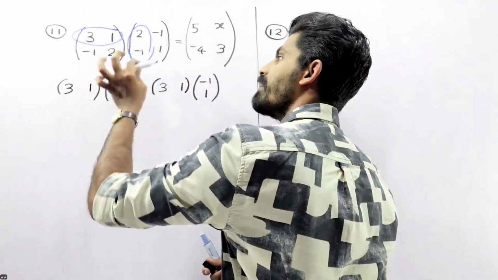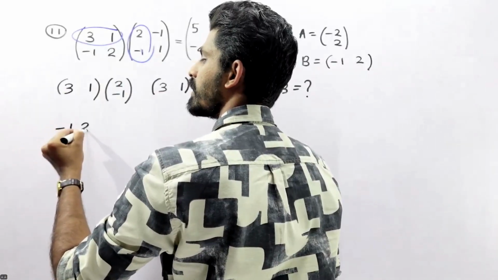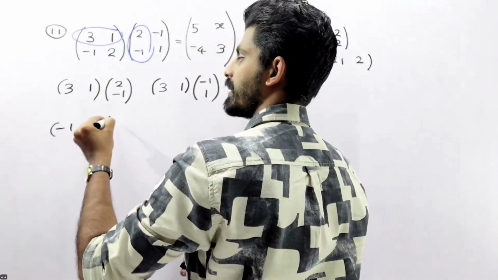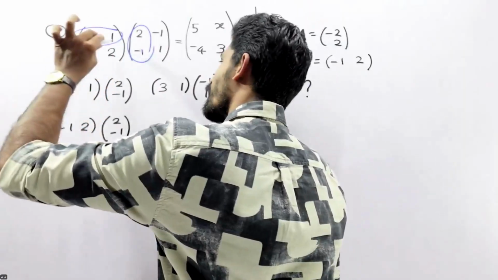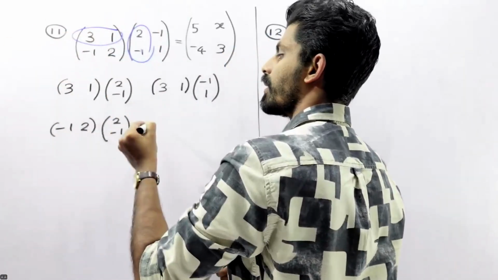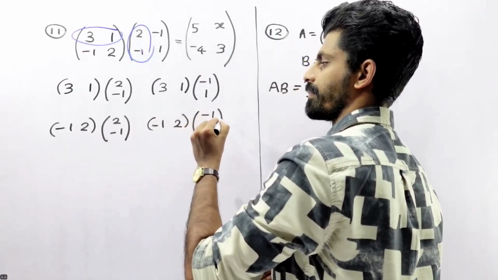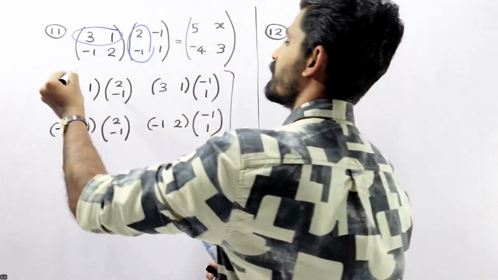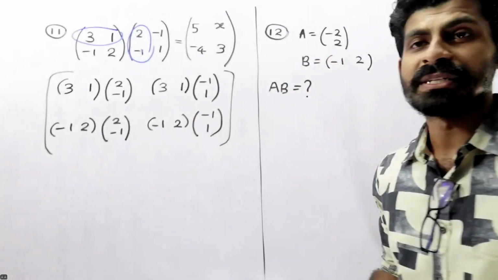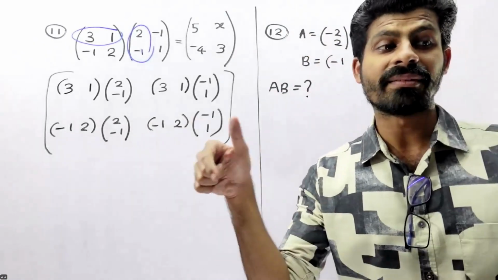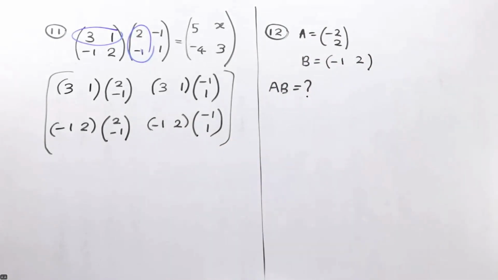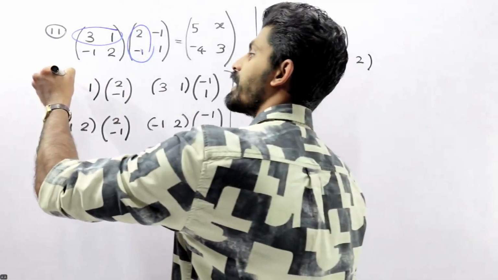Right? So that means row multiplied by column. Very easy. Look at this one.